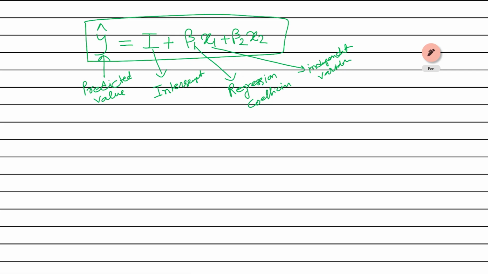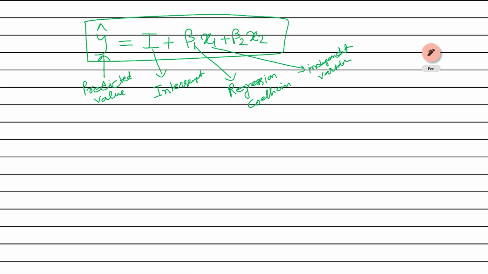So what is the significance of beta 1 and beta 2, the regression coefficients, in a regression equation? These give you the importance of that particular independent variable in the prediction of y hat, the dependent variable.